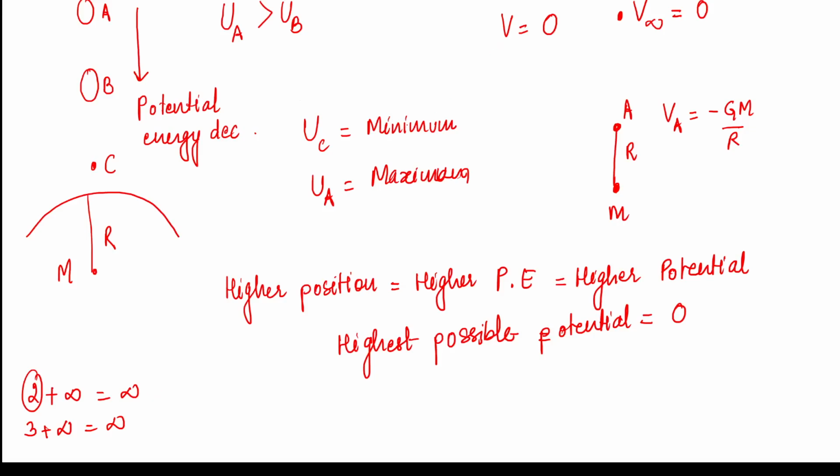It is up to us. We are defining all these numbers, all these equations to understand. So it was up to us to define 0 or infinity. So this is what we decided as physicists: fine, we'll take the highest as 0, and as we come closer, it is becoming negative.